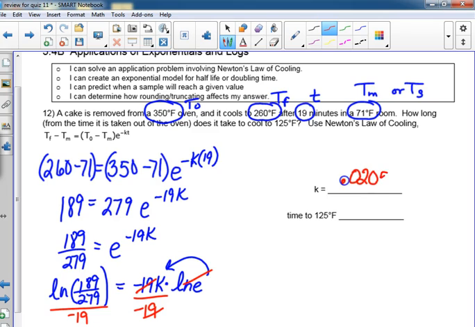If you went out that many places? All right, then my final temperature and my time go away, and my new final temperature is here.